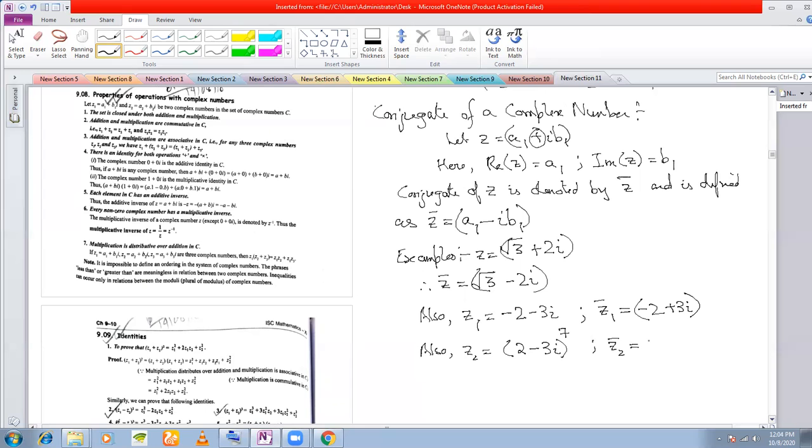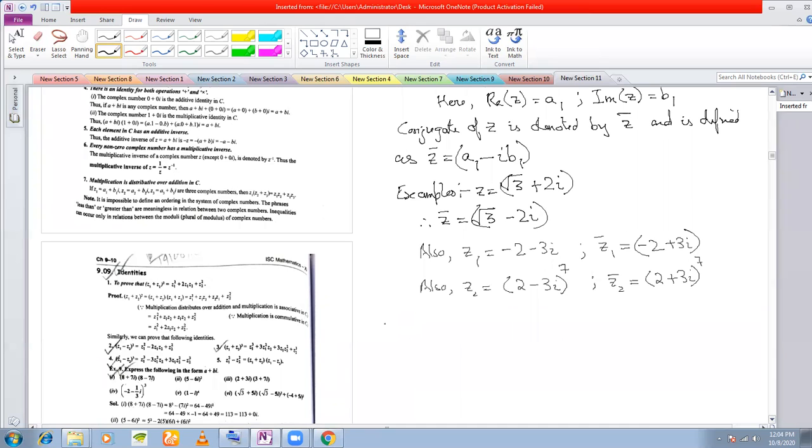The conjugate of this will be 2 plus 3i, change the sign of the imaginary part, and to the power of 7. So even if a power is there, you simply change the sign of the imaginary part and you will get the conjugate of the complex number. Properties of conjugates I will do a little later. Let us first now do division of a complex number.